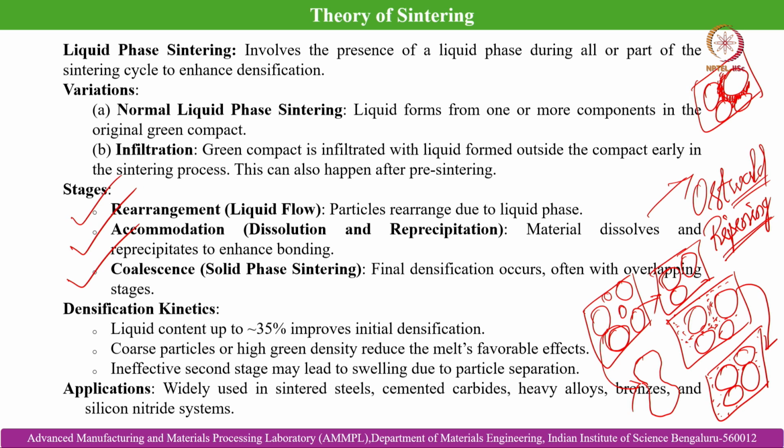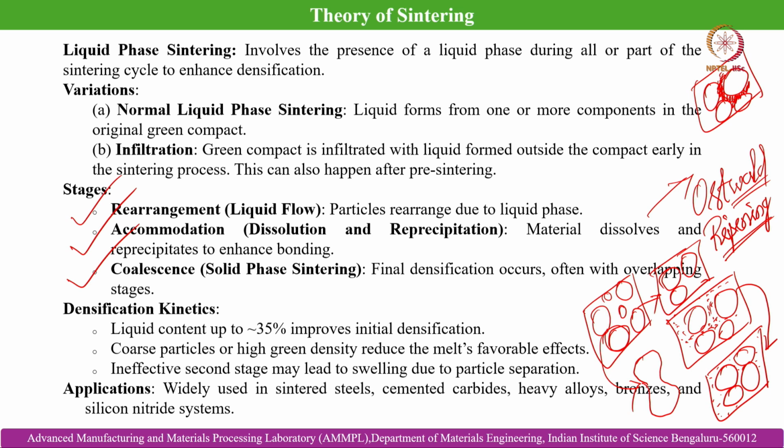In that case there is not enough path for the liquid infiltrated or generated in situ within the powder compact. So, that is why the effect also decreases, and favorable effects of liquid phase sintering are not pronounced in that case.